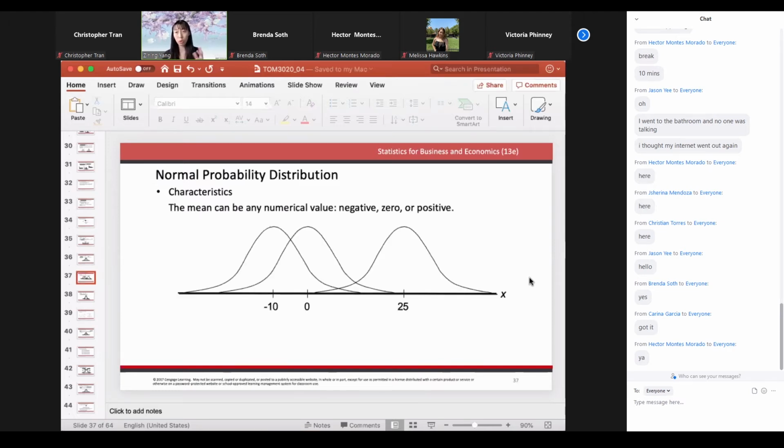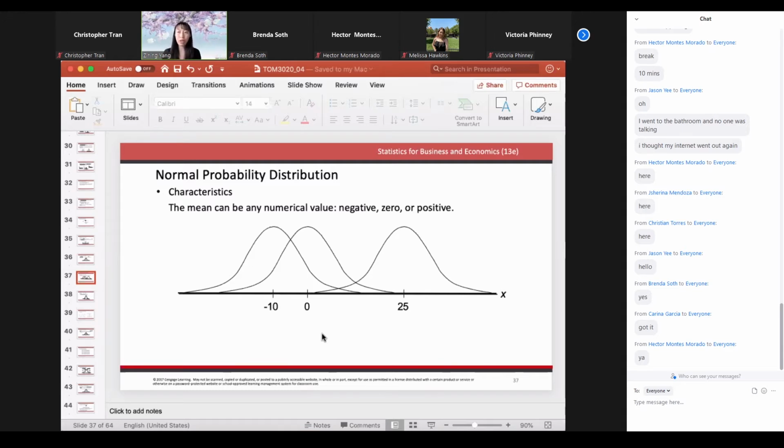Now we just wanted to emphasize two metrics. One is again the center, and the other is the variability. So remember, we always want to use the mean in the probability distribution to describe where the center is.